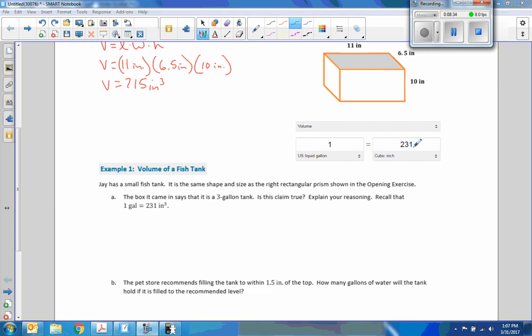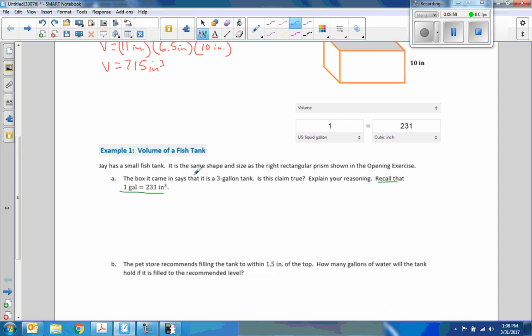See how much more difficult this is than metric? 1,000 cubic centimeters is 1 liter. Nothing to memorize, you just have to know 10, 100, 1,000. This one here, 231 cubic inches in a gallon. Okay, oh, and it does say that right here. It says to recall it. Okay, so I recalled it.